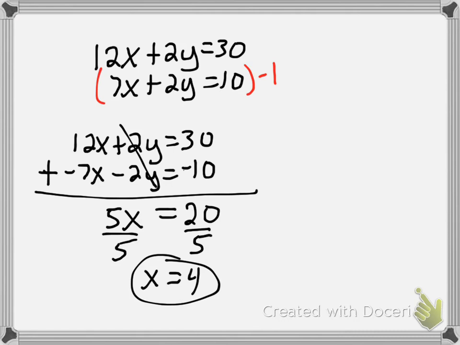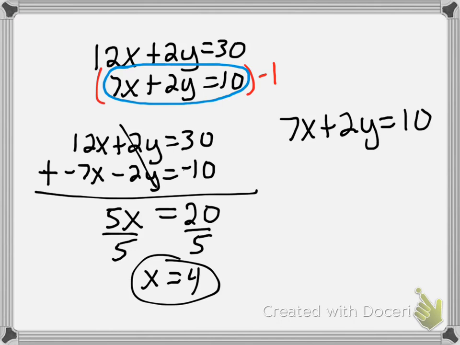Now, remember, for your second equation, you can pick either of the original equations that you began with, whichever one looks easier to you, or the one after multiplying by negative 1. In this one, I'm actually going to choose my original one before I multiplied it by negative 1, just because it's got nice smaller numbers in there. There's no negatives. It's going to be a little easier to find my variable.